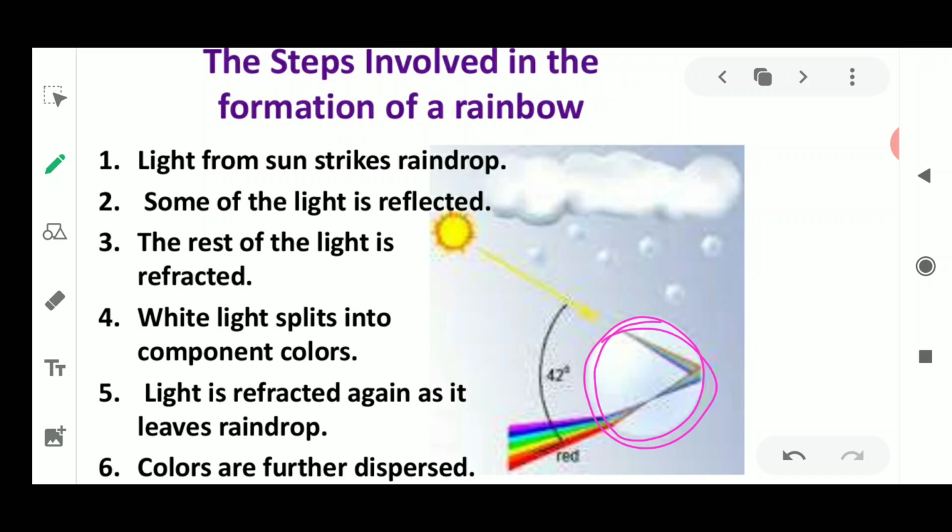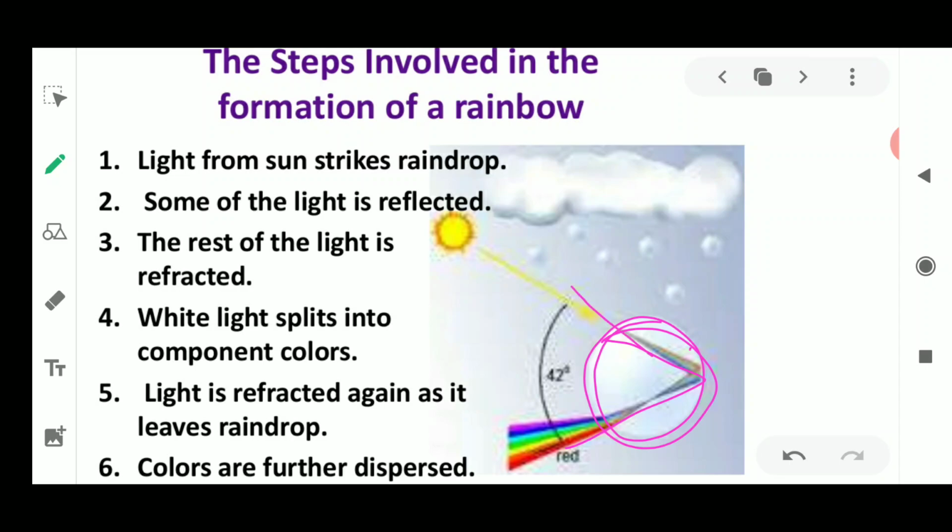While the light splits up into the component colors, once it is coming out from the water droplet, it is going to be split in the form of the component colors. Now the light is refracted again and leaves the water droplet.